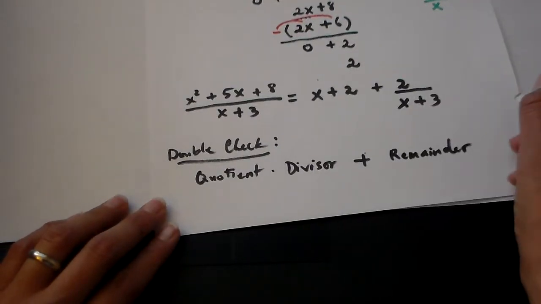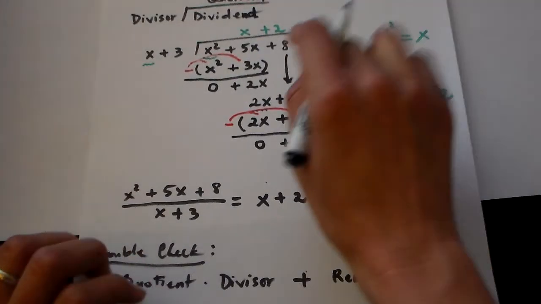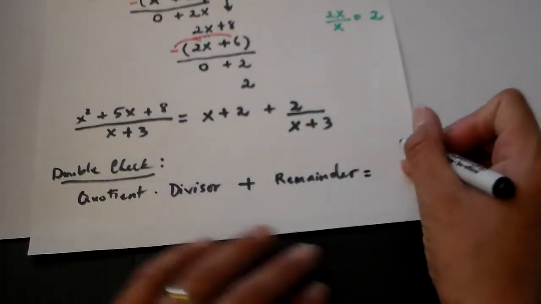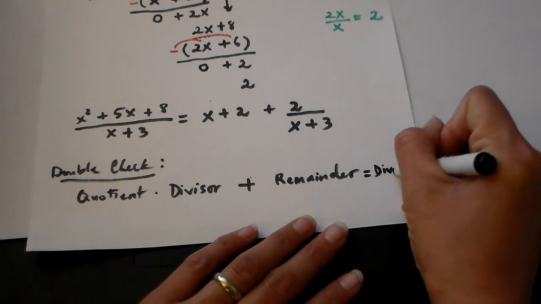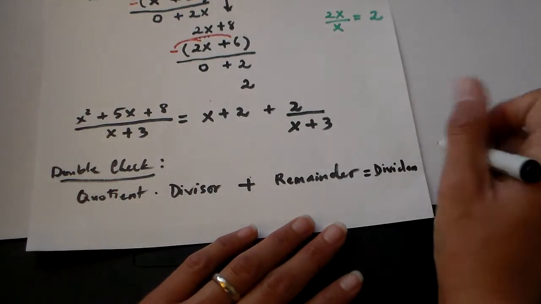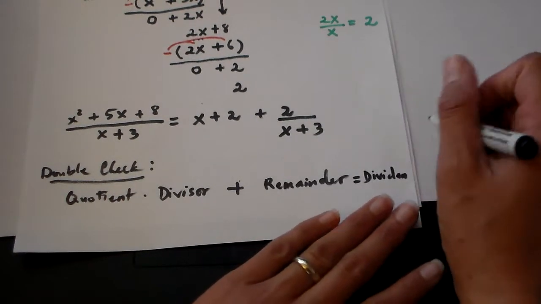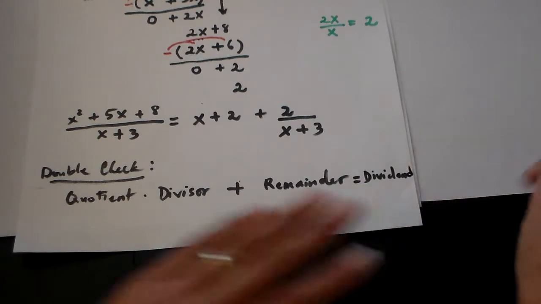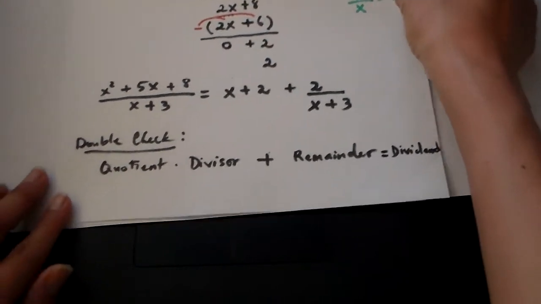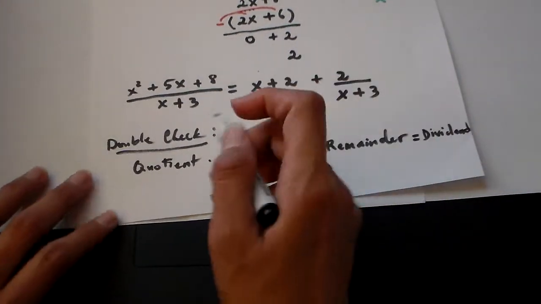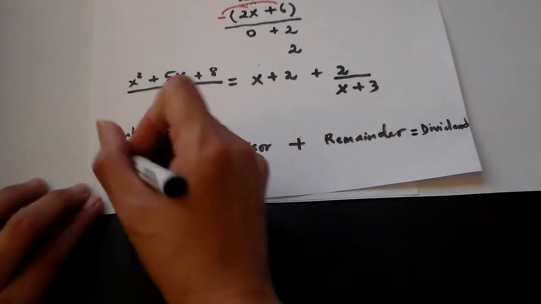Now, the result you should get is the dividend, which is the numerator. Okay, so let me write it in an algebraic expression. So the quotient we got is x plus 2.